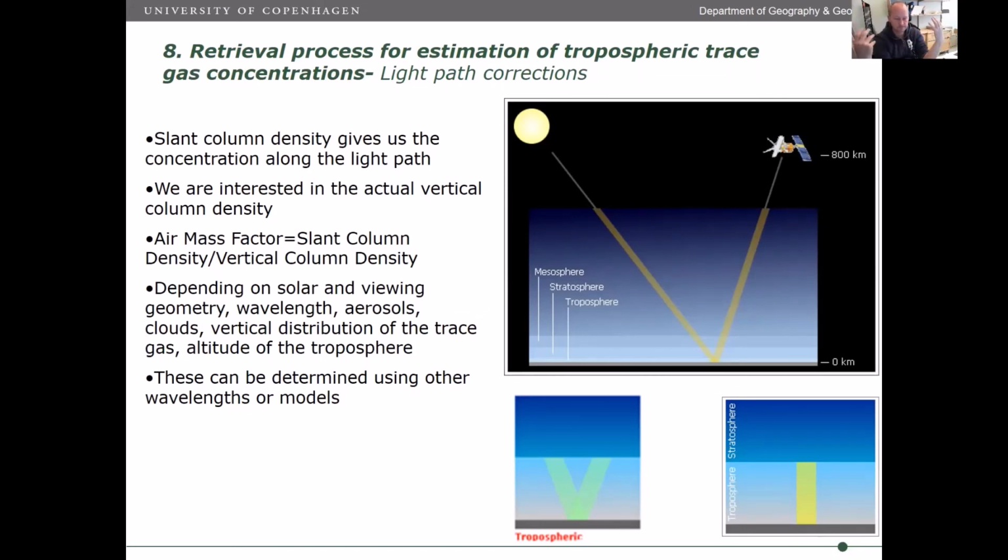But there are models which we can use to convert this light path measurement of trace gases into a vertical column measurement. And this is what we generally use. So that was the final uncertainty I mentioned in the beginning, the uncertainty of the models which are used for converting these light measurements into the actual tropospheric trace gas concentration.